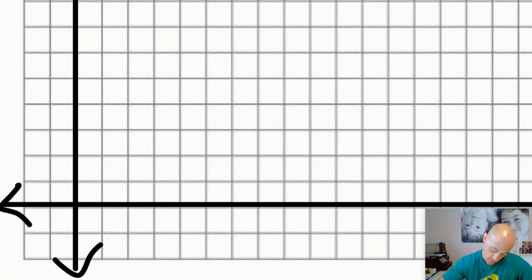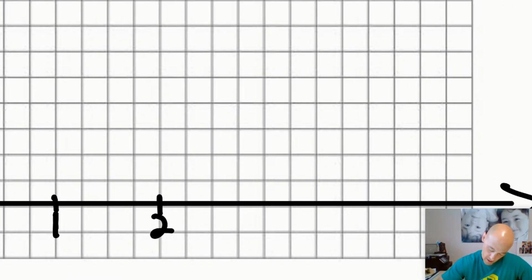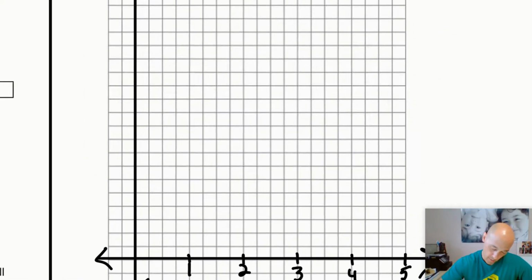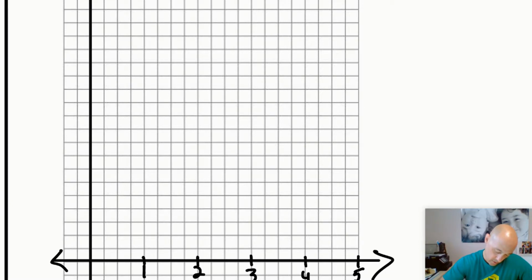So 1, 2, 3, 4, 5. All right, and then my y values, I'll probably go by ones. So 1, 2, 3, 4, 5.